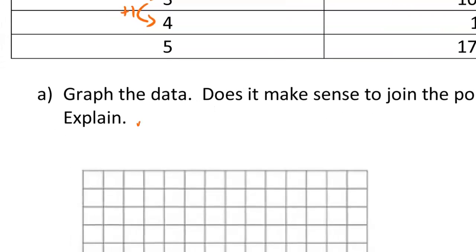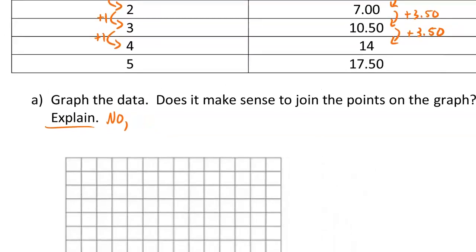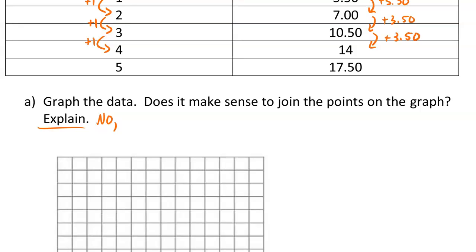So no would be our first part, and then because it says explain, well, the data is discrete. We cannot buy a portion of a DVD. There are no possible values between the points on the graph. So there's no reason to connect the dots because there's going to be no way of getting that value.